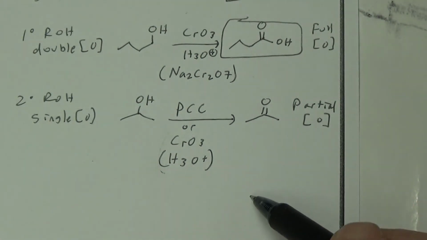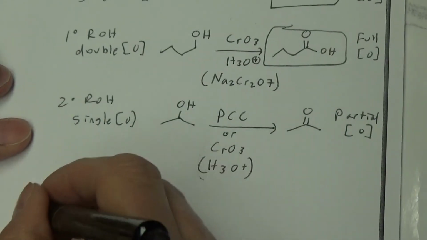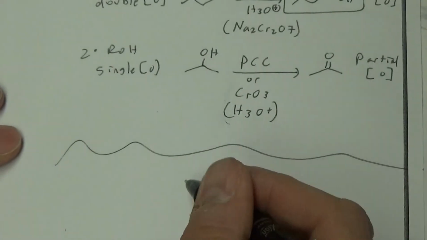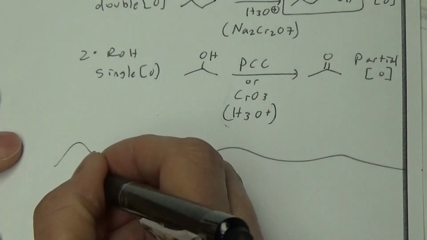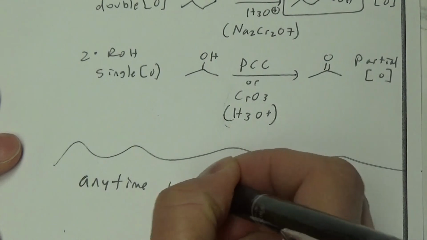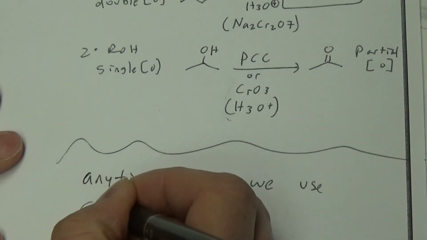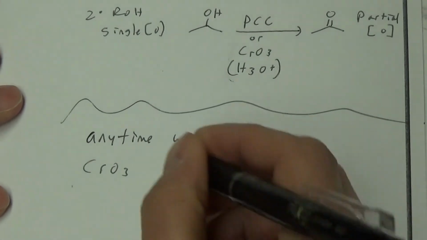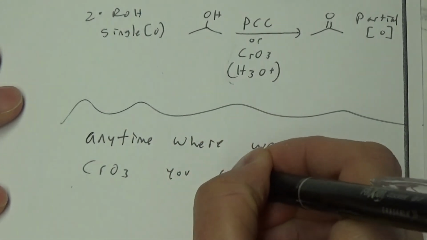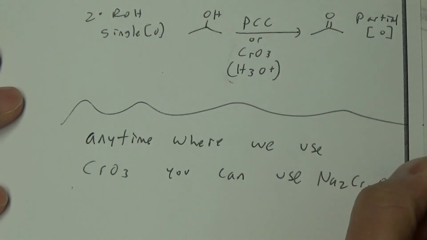Okay, so I'll just say anywhere, anytime where we use CrO3, you can use Na2Cr2O7.